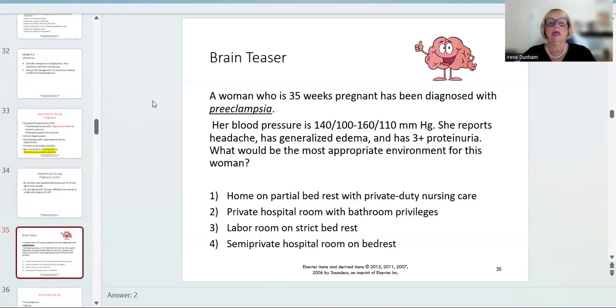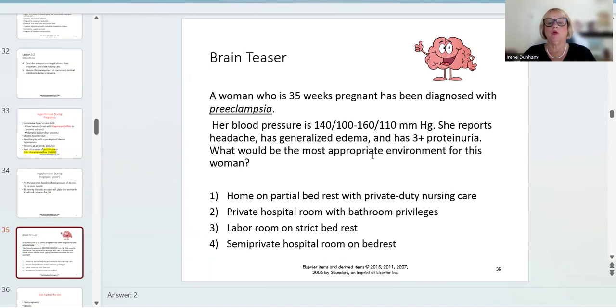All righty. So here I have a little question for you. You have a woman who is 35 weeks pregnant, and she's been diagnosed with preeclampsia. Her blood pressure is 140 over 100, ranges to 160 over 110 millimeters of mercury. She reports having a headache, has generalized edema, and has 3+ proteinuria.